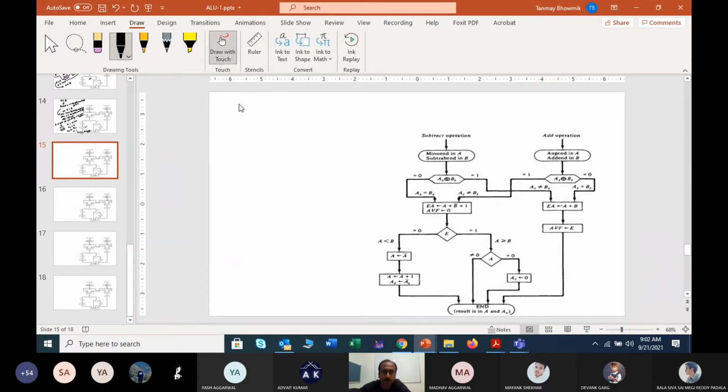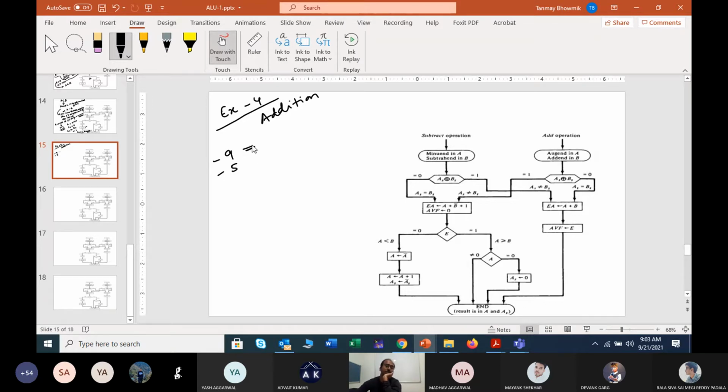This is our example 4, where you are going to perform again the addition between two negative numbers. Two negative numbers means we will simply take again the same thing, just like -9 and -5.